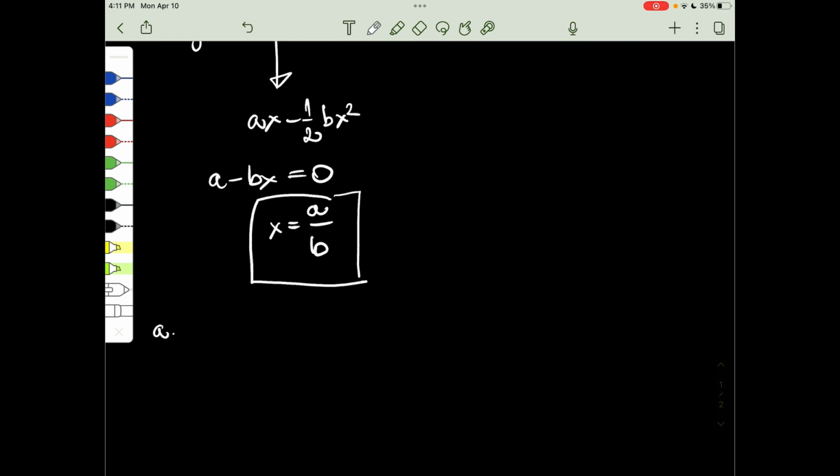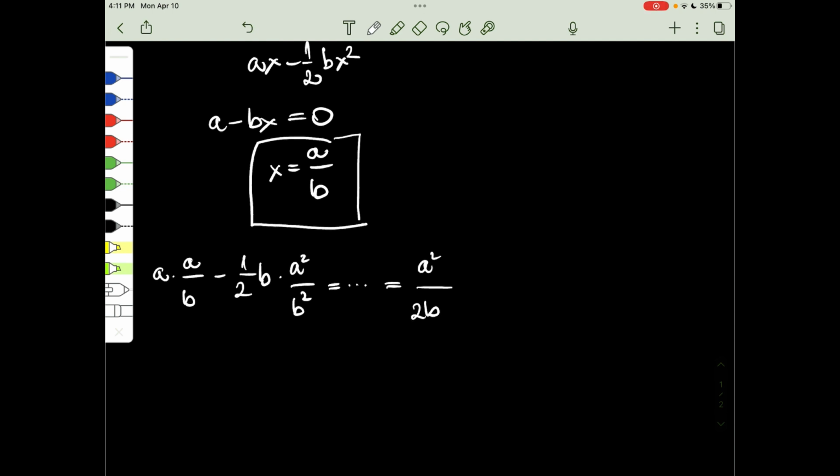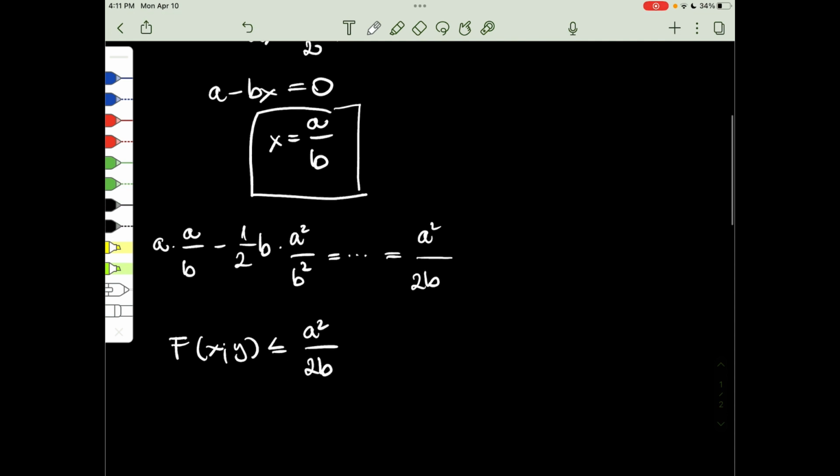So let's put this value into the remaining part of the function to get, through a few steps, to this expression, which is the upper bound for the one period return function.